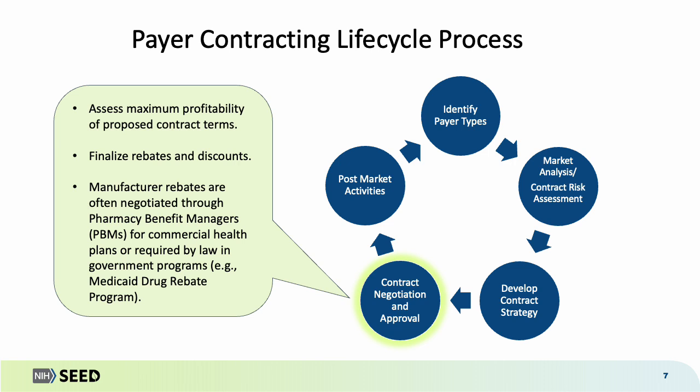Following the payer's specific contracting process that may include meetings and communications back and forth, determine your maximum profitability based on the contract terms. Finalize those numbers and gain internal approval of the level of discounts, rebates to be provided to the payer or PBM. Sign the agreement.